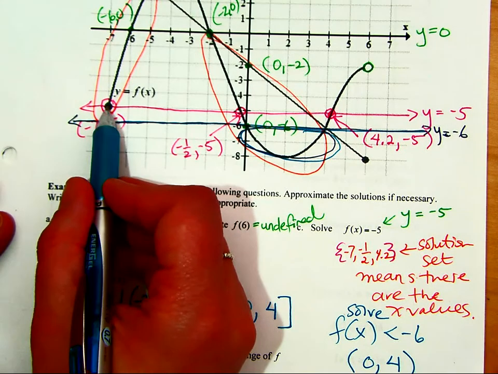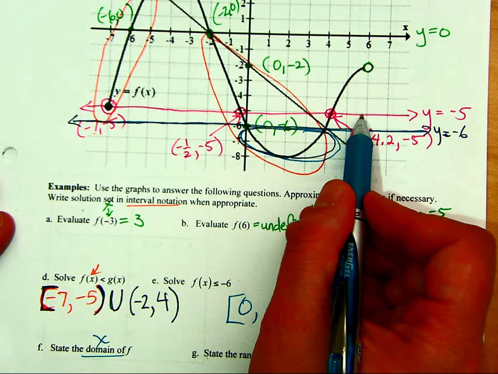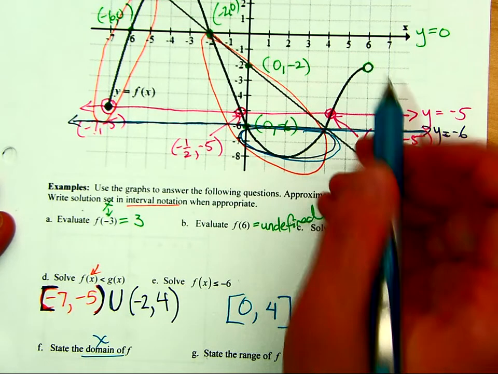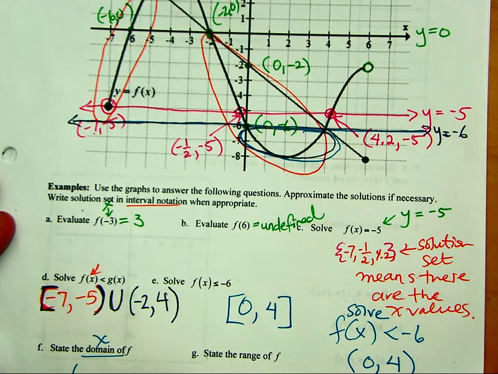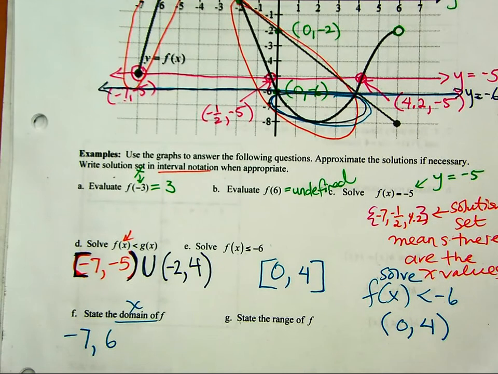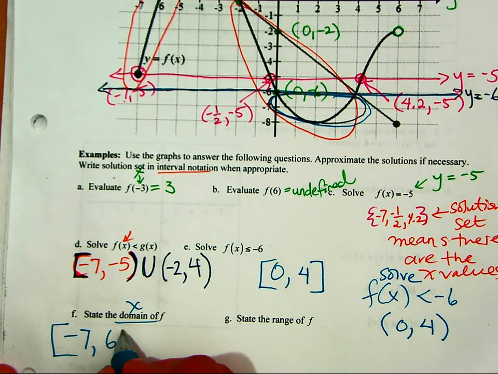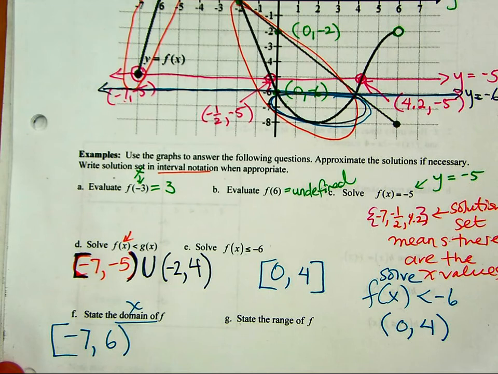So from negative 7 to 6, what do I put around my numbers? Parentheses, brackets, does one side get a bracket? Which side gets a bracket? Okay, which side gets a parenthesis? There we go.